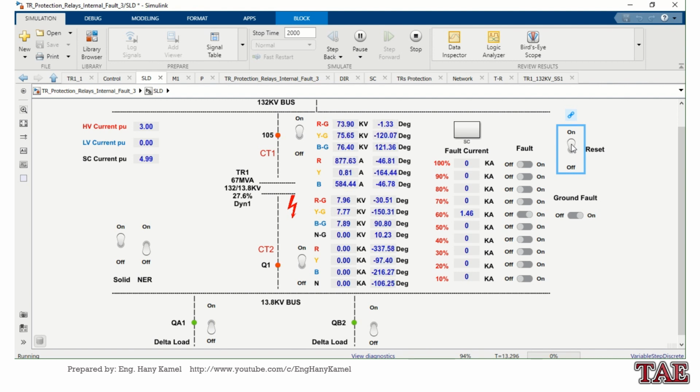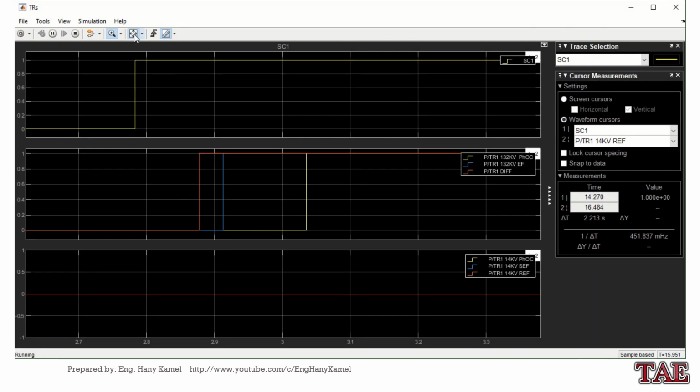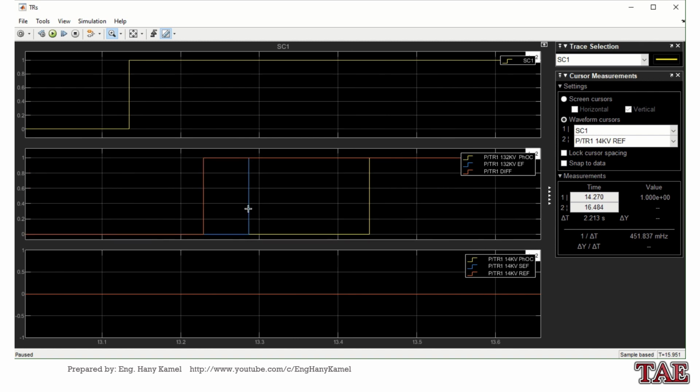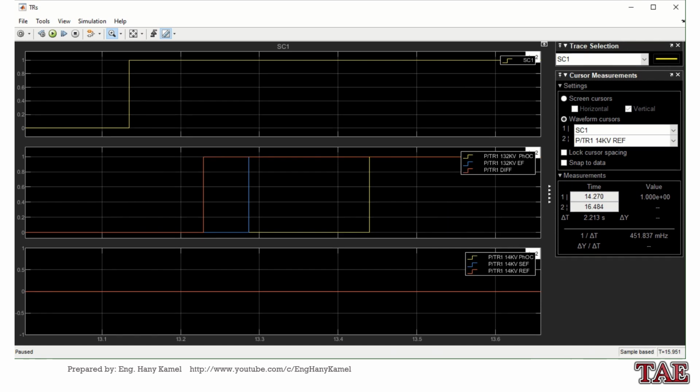So I'll make force reset. And same, we expect differential, sensitive earth fault and phase overcurrent. Same as before: differential, then sensitive, then earth fault, then phase overcurrent.